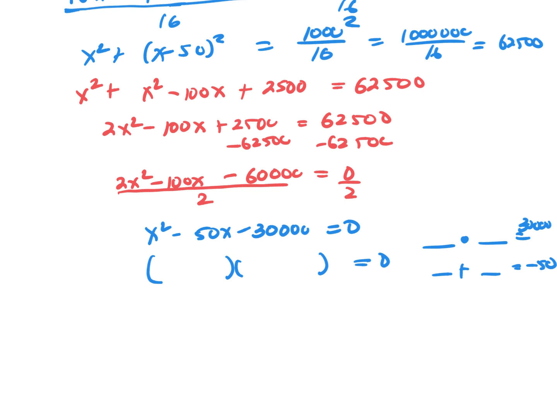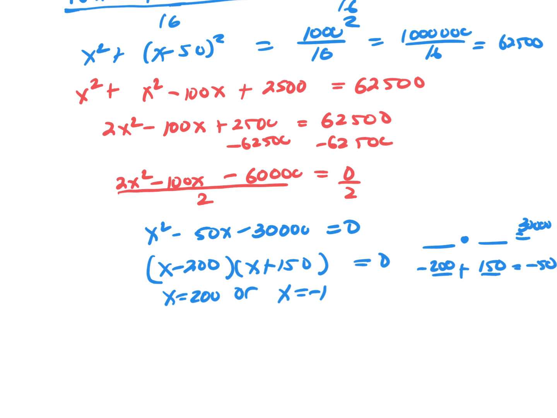And those values are negative 200 and positive 150. So this is going to factor as (x minus 200) times (x plus 150). By the zero product property, we can say x equals 200 or x equals negative 150.